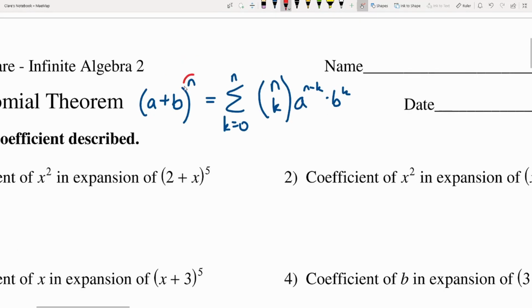Again, n is the power that our binomial is raised to, k is the index that we're currently at, and a and b are the terms within that binomial.